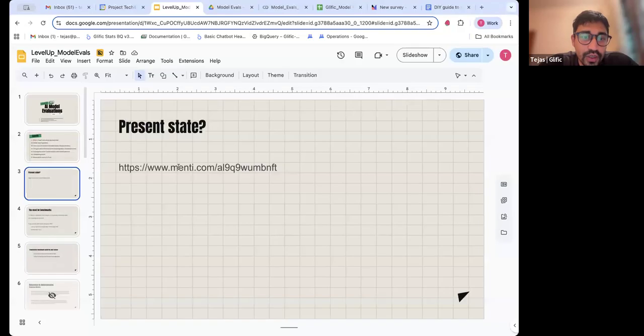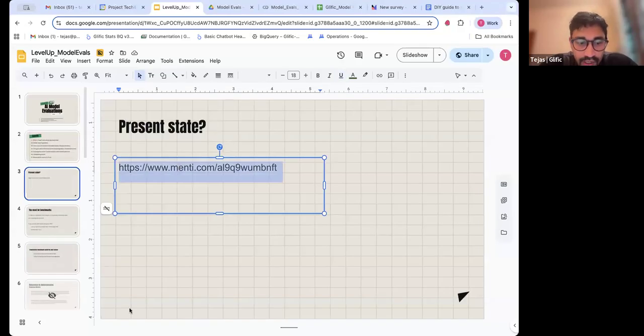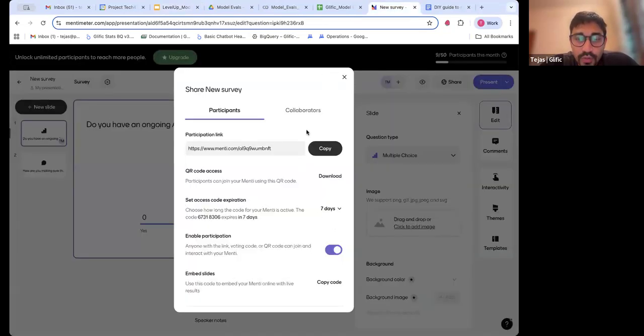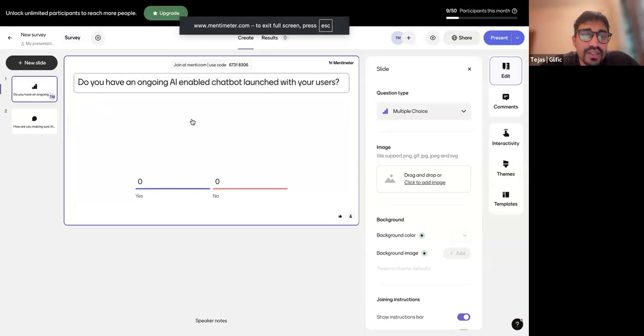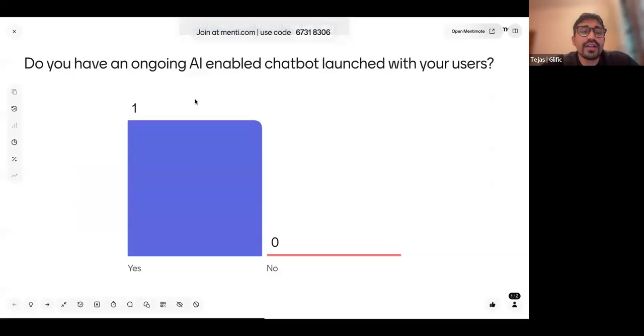But before we go further ahead, I would also like to get a sense of where we are at the present state. I'm hoping this Mentimeter should allow you to answer some questions. First, I would like to get a sense of the room: do we have any ongoing AI-enabled chatbot launched with our users?